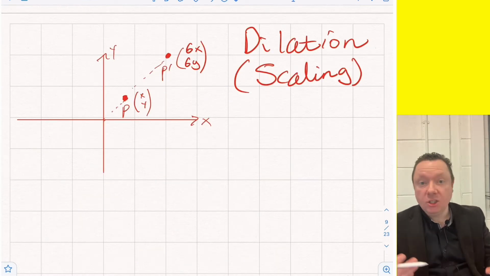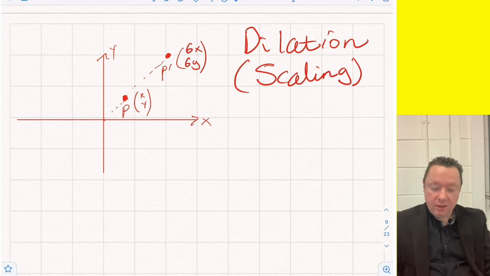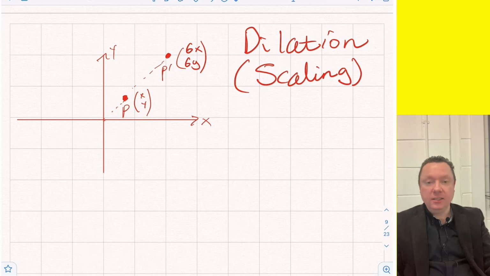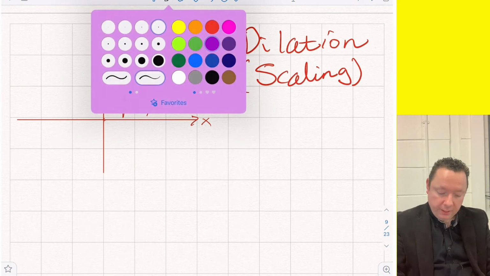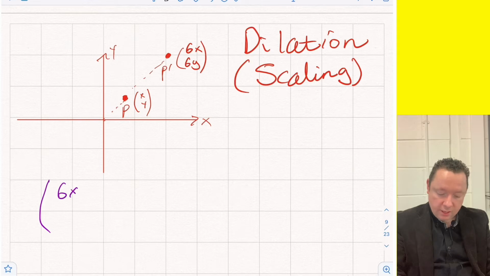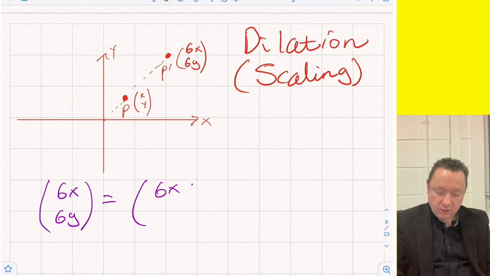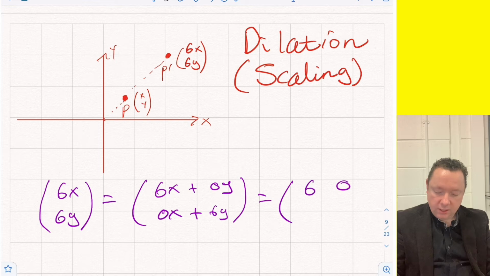Dilation. So dilation is scaling. So let's say we've scaled the point x, y by a factor of 6 in the x direction and 6 in the y direction, and we've got a new image which would be 6x, 6y. Well, our transformation matrix for that would be, well, we've got 6x, 6y as our end image. So that equals 6x plus 0y, and 0x plus 6y, so we've got 6, 0, 0, 6 times x, y.